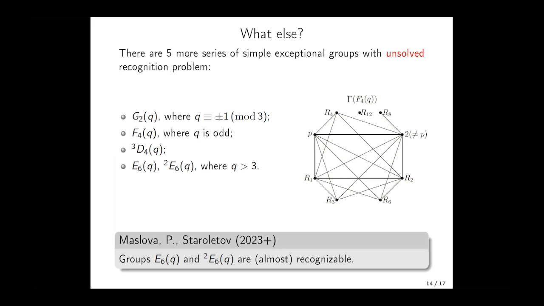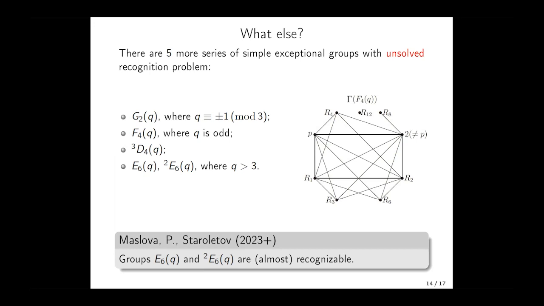And why I put almost in brackets is because I think that we are able to show the exact cases when these groups are recognizable, and when the automorphisms of E6(Q) and 2E6(Q) have the same Gruenberg-Kegel graph as these groups. And as you can see, the order of the field is arbitrary. So there is really a lack of results of this type in the Gruenberg-Kegel graph setup.